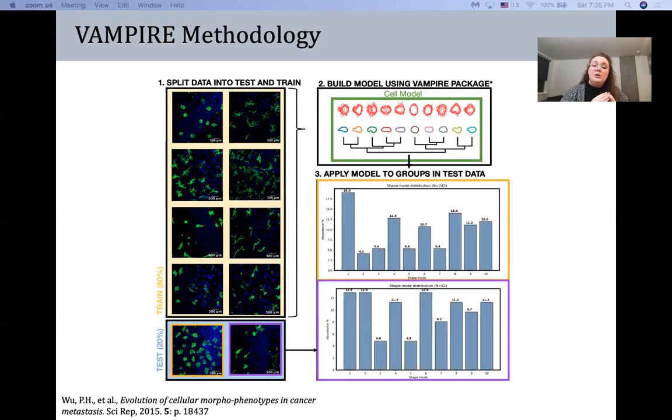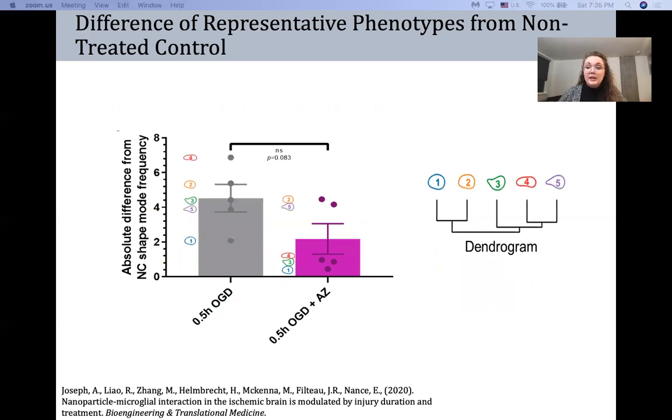So we can upload all of our data and split it into testing and training groups and create these dendrograms of representative shape features. And those produce a frequency of how much each representative shape feature occurs in every image, in every region, and across every treatment group. And when we compare those, we found that there's actually a difference from the non-treated control in our injured group, and that reverts after treatment.